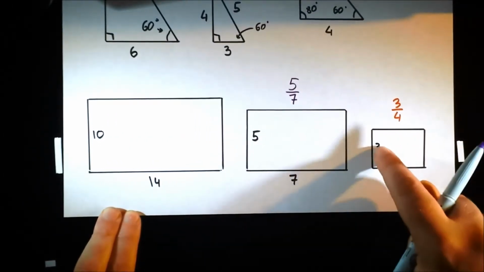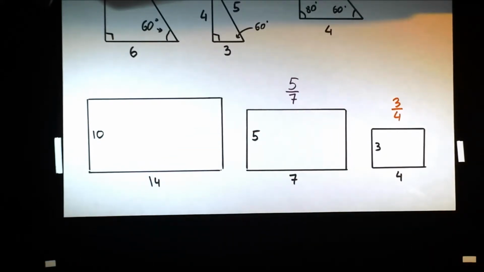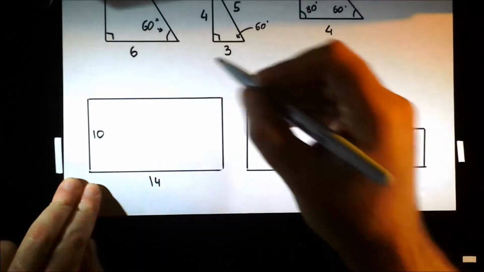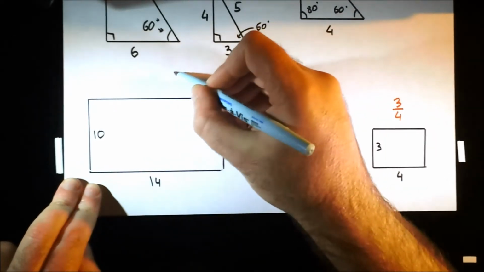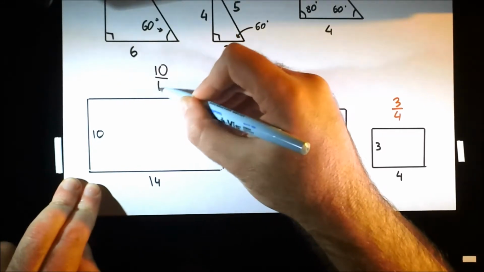If I put 4 over 3 here, I would have to put 7 over 5 here. Just keep it consistent. Doesn't matter which one goes first, as long as you keep it consistent. What about right here? What's the ratio? It's 10 over 14.